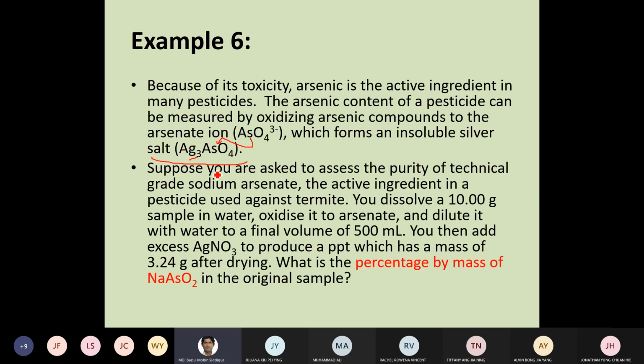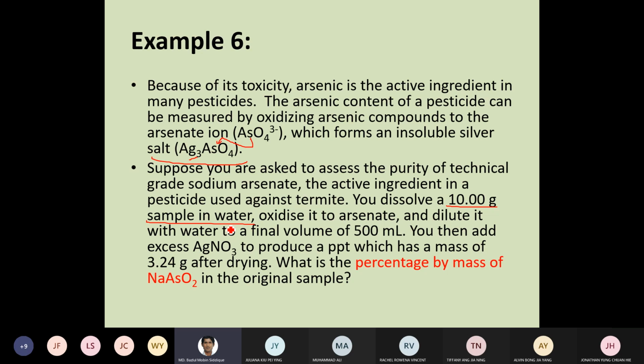And the question is asking that suppose you are asked to address the purity of a technical grade sodium arsenate, the active ingredient in a pesticide used against termite. You dissolve 10 gram of sample in water, oxidize it to produce the arsenate and dilute it with water to a final volume of 500 milliliter.